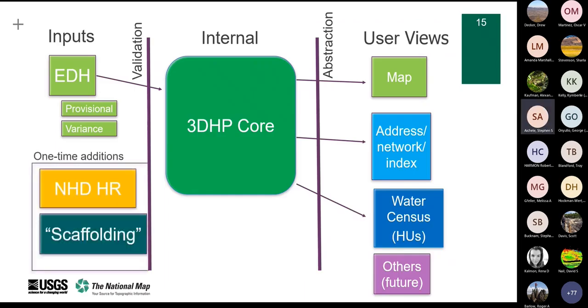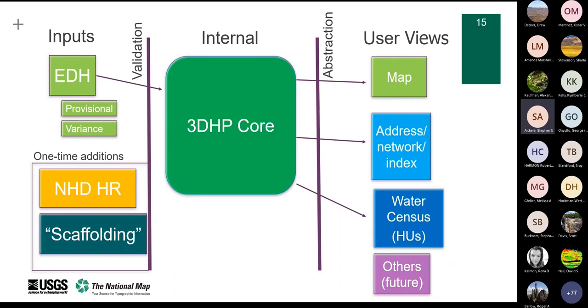As a change, an important difference from where we had planned, we are going to add the existing NHD high res into 3DHP as a sort of one-time load. So that whatever feature content was there in the past, about 95% of that feature content will come forward into 3DHP, and we will replace that as better data becomes available.